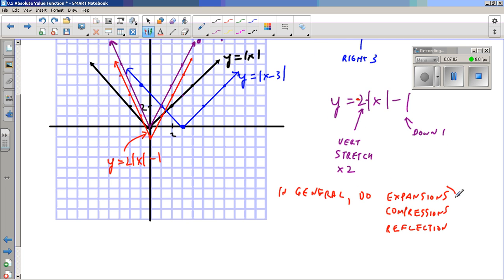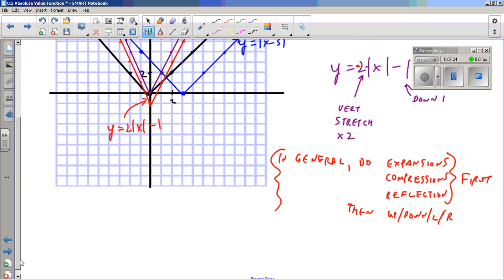So do these things first, then up, down, left, right. But this is usually, and we'll actually talk about this in quite some detail.